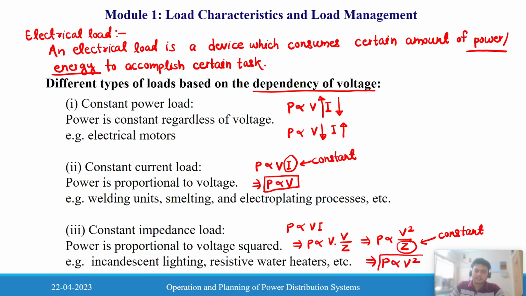It means that in constant impedance load, power is proportional to voltage squared. The examples are incandescent lighting, resistive water heaters, etc.